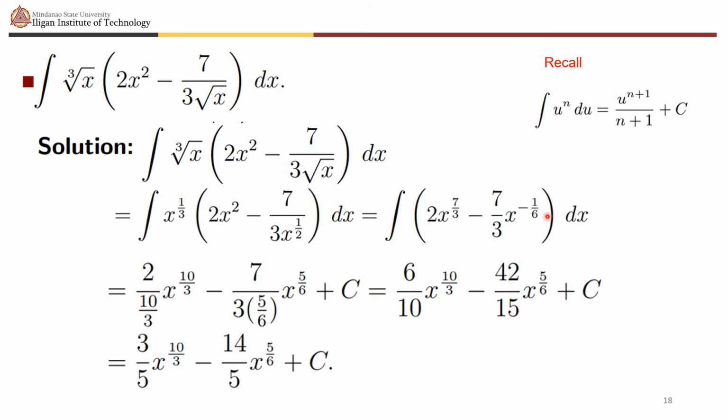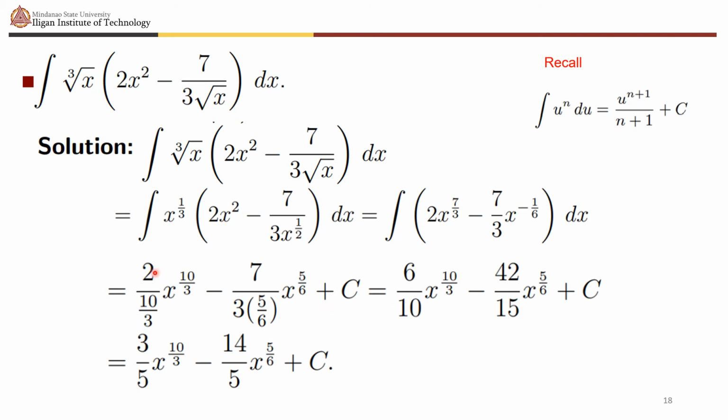This one, as for this, you add 1, so you will have plus 6 over 6. So, that becomes x raised to the 5 over 6. And you put 7 over 3 times the quantity 5 over 6, because you have originally 7 over 3 there. So, plus a certain constant.